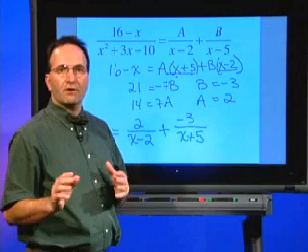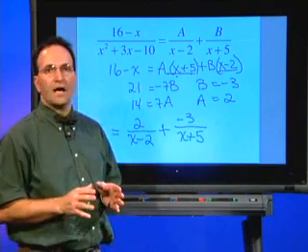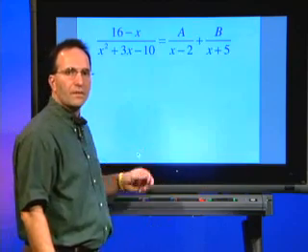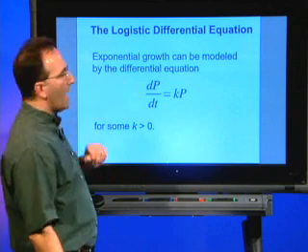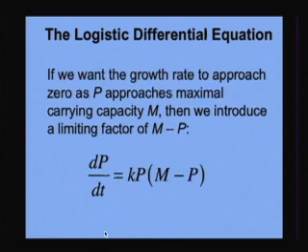All right, that's great. Now that we've learned the method of partial fraction decomposition, we can turn our attention to logistic growth. The differential equation for exponential growth can be modeled by dP/dt equals kP for some k being greater than 0. And the logistic differential equation continued.